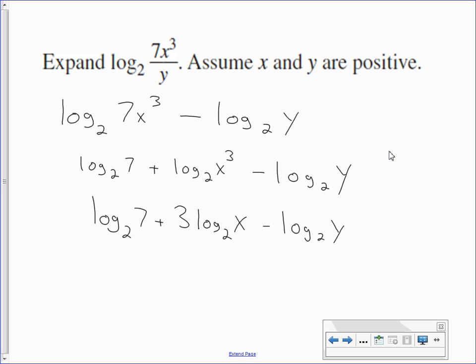But when you come back over here, since you have 7 times x cubed, you can use the multiplication property and you can use the power property. So by splitting this apart into these two guys, since it's multiplication, 7 times x cubed, I make that a plus between them. And then since this guy is raised to a power, it comes over here.